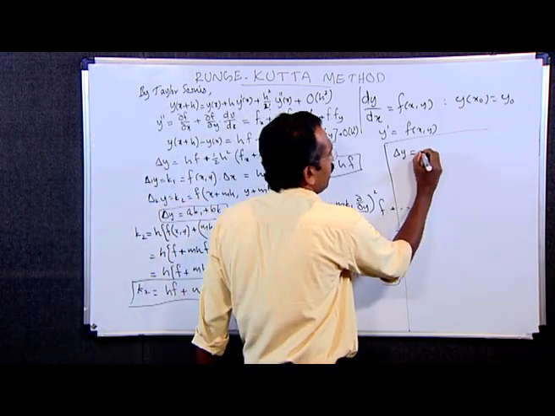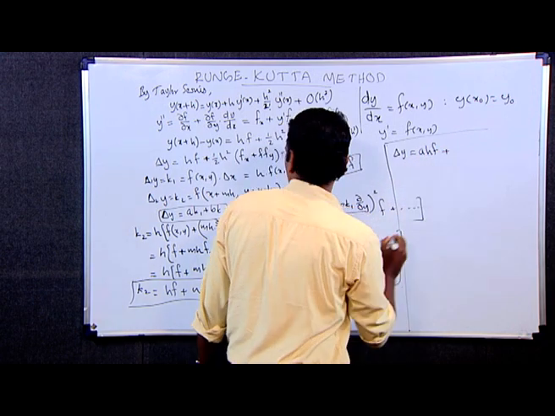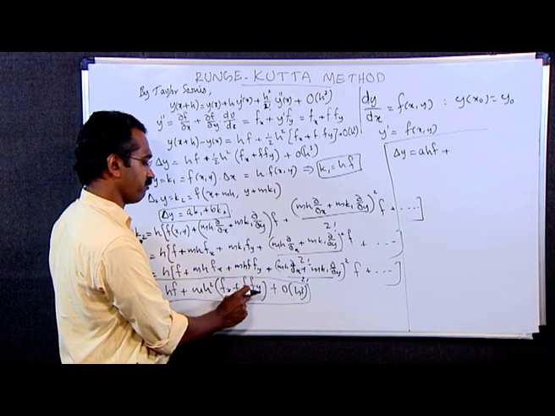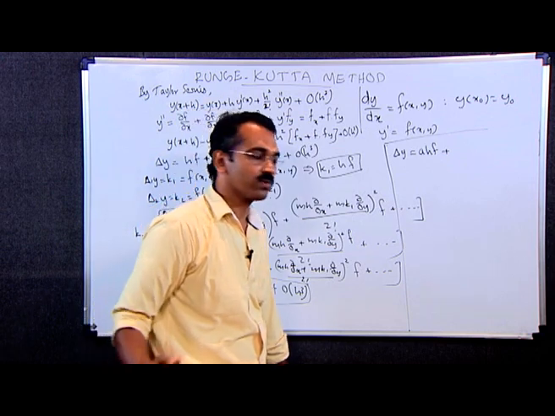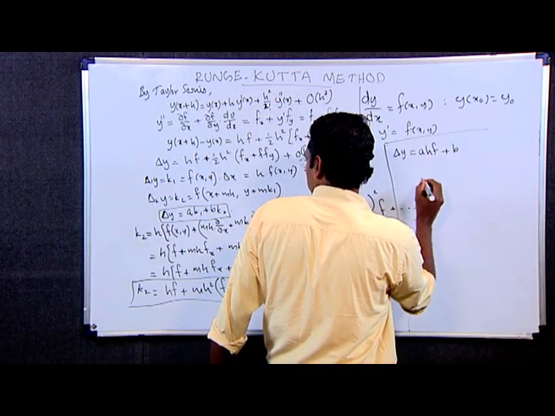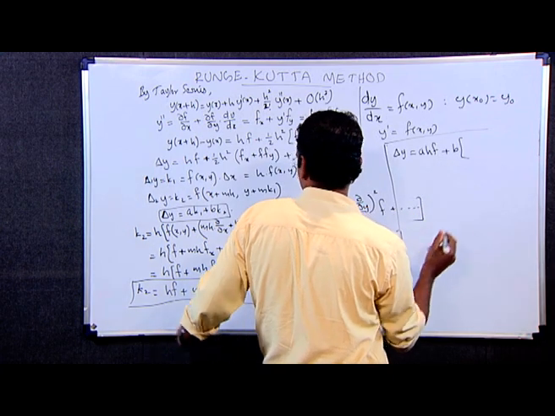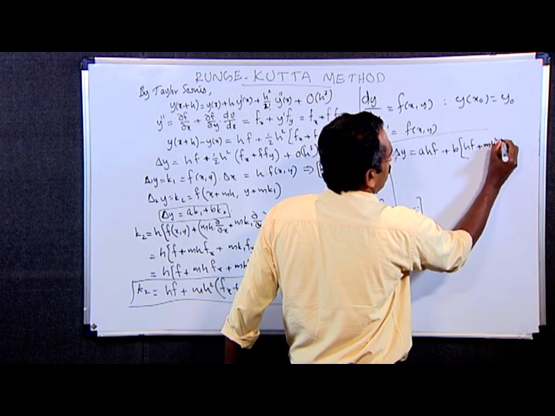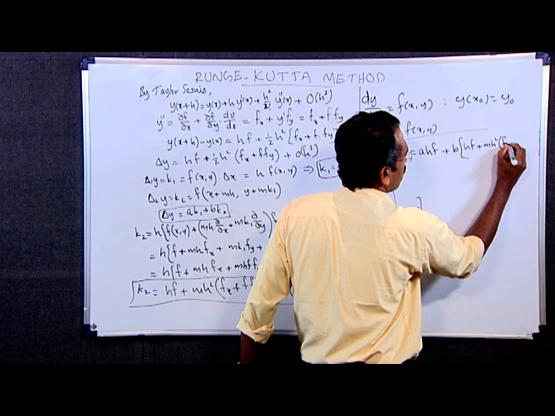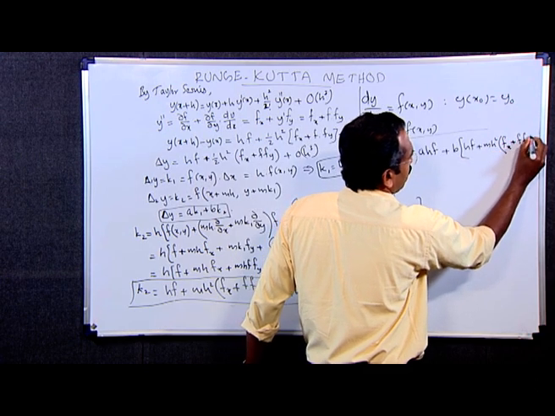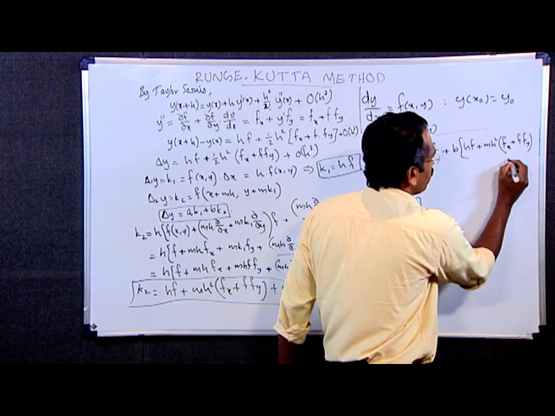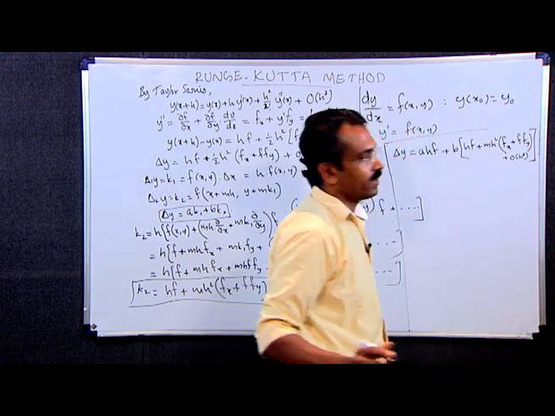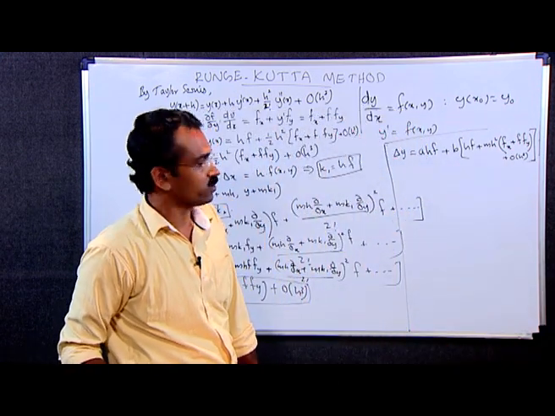Therefore, we can write a into h into f plus b K2, where K2 is hf plus mh square into f_x plus f_y plus O of h cube, this plus b into hf plus mh square into f_x plus f_y plus O(h cube), terms having highest powers of h, which is denoted by O(h cube).